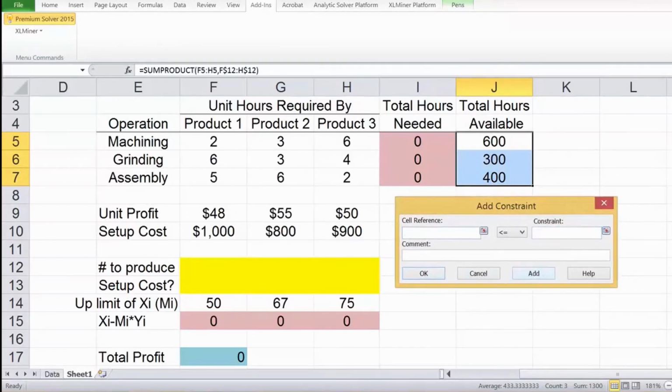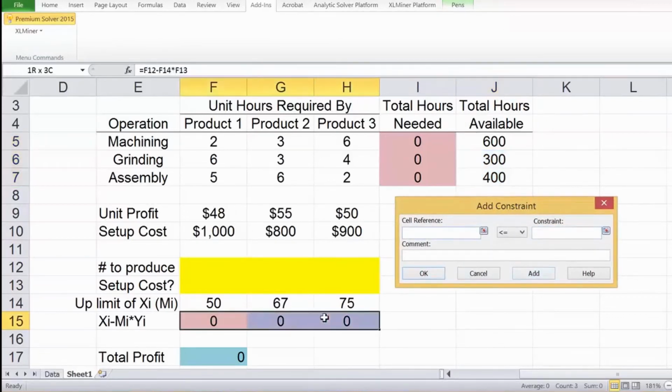Then add the xi minus the mi times yi needing to be less than or equal to 0. 0 is the only time that we put a value directly in the constraint table. Otherwise, we always use a cell to contain the numerical value and refer to that cell in this solver window.